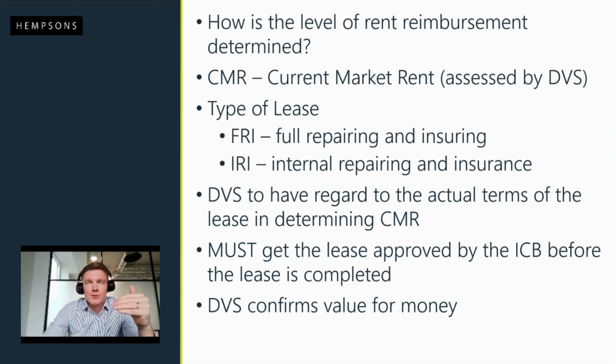So the point is, the CMR is effectively a single figure, but a portion of that CMR should be held back by the GPs to reflect the fact that they have these liabilities or responsibilities under the lease. And my understanding from speaking with surveyors and valuers in this area is that that portion is generally in the region of 5 to 7.5% of the annual rent payable to the landlord. But obviously that can vary depending on the type of property and the extent of the tenant's obligations.